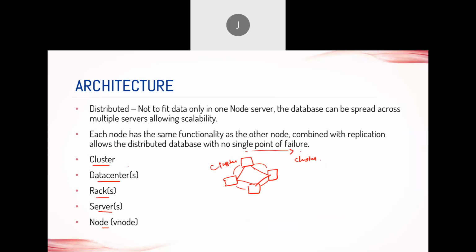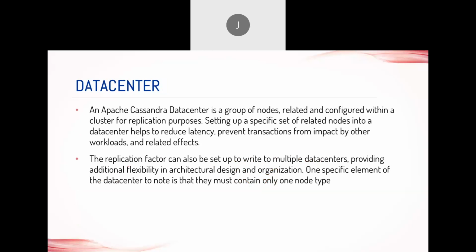About the definitions, a data center is nothing but a group of related nodes configured into a cluster, within a cluster, for replication purposes. The replication factor can be set up to write to multiple data centers, providing additional flexibility in the architectural design.